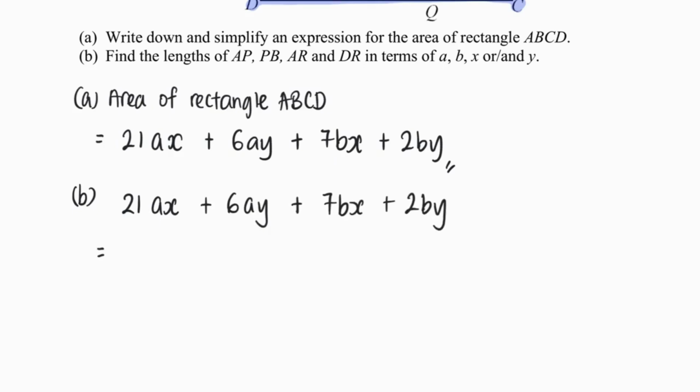I am going to apply my knowledge of factorization by grouping, and to factorize them out now. 21AX plus 6AY, common factor is 3A, I'm left with 7X, 2Y.